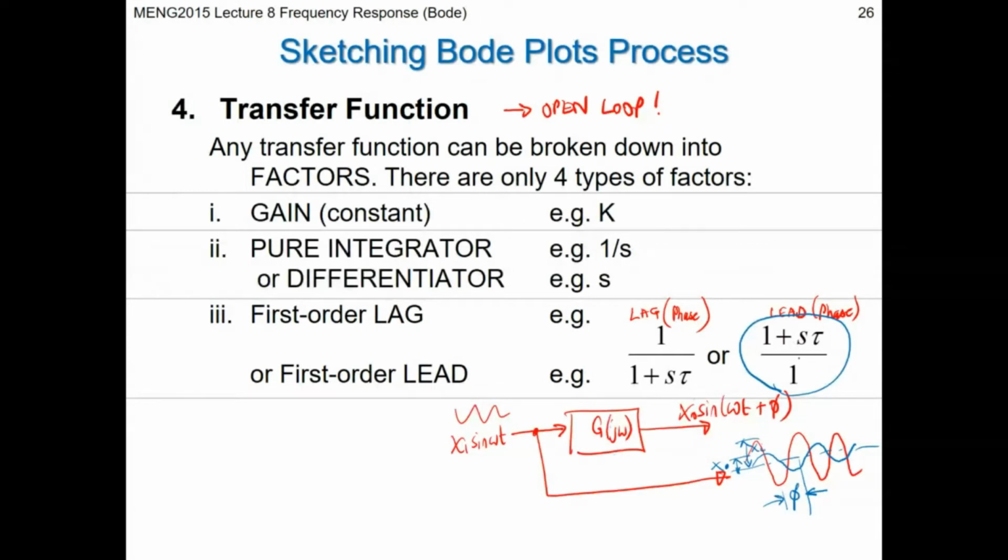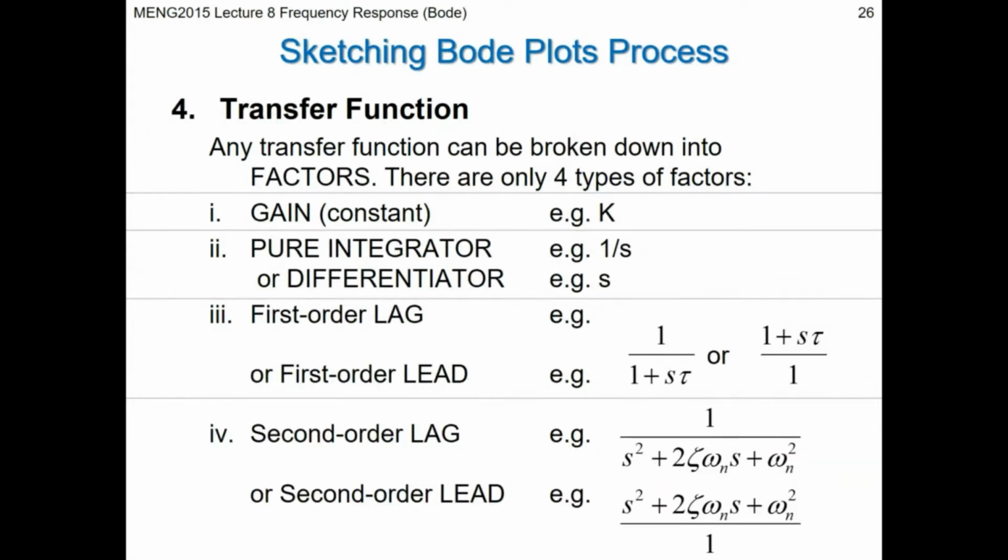If this transfer function is a lead, it means that the output precedes the input phase-wise, and so the whole blue line will shift to the left. So instead of having a lag where the output is trailing behind the input, you could end up with a lead where the output precedes the input.